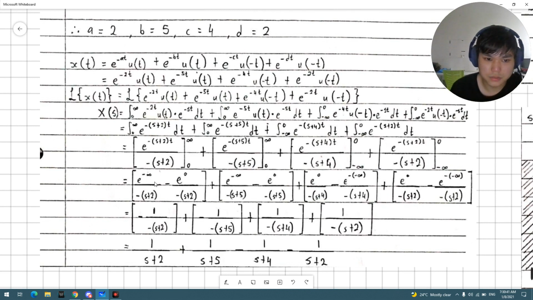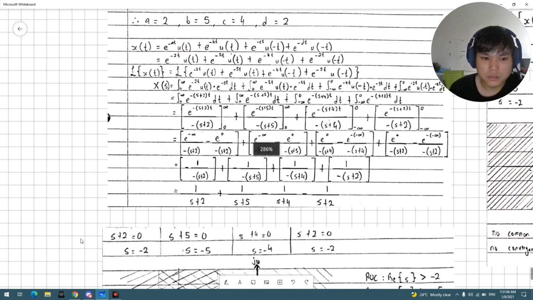Take note that exponent negative infinity is actually equal to 0, where exponent 0 is 1. From here we can identify which is 0 and which is 1, so we can get this answer. After we simplify, we get this final answer.